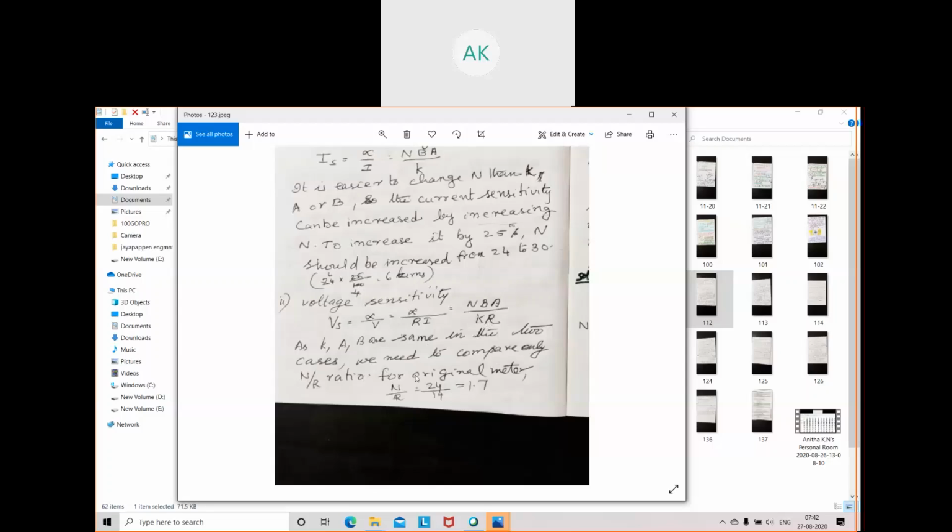For the original meter, what is N by R? 24 by 14 equals 1.7.